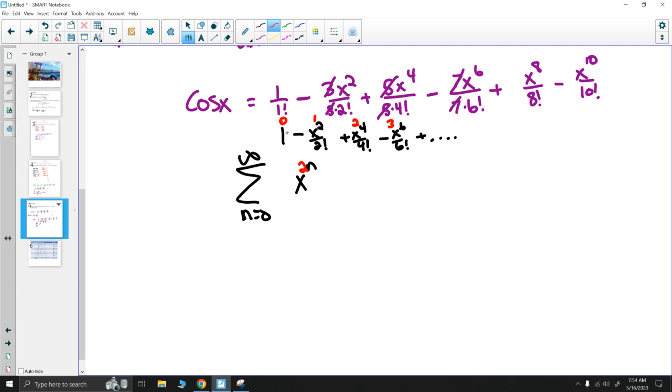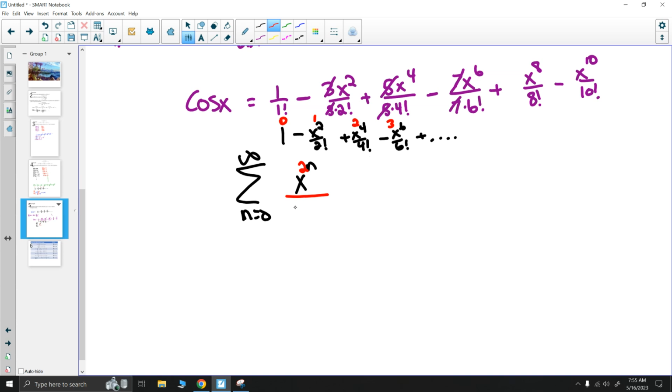Let's make sure it works. 0 times 2 is 0. 1 times 2 is 2. 2 times 2 is 4. 3 times 2 is 6. So that's checking out. Okay. Now let's take care of the number on the bottom, and this time I won't forget the factorial. So it's following the same pattern of 1, 2 factorial, 4 factorial, 6 factorial.